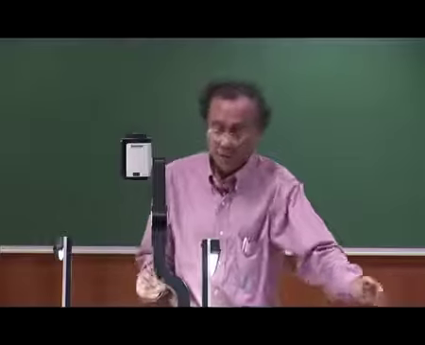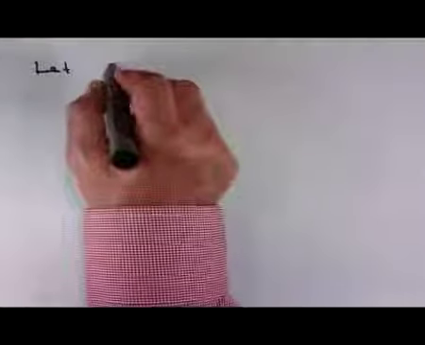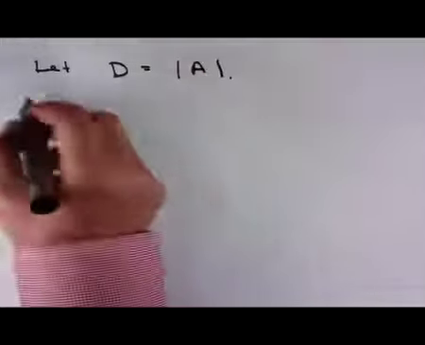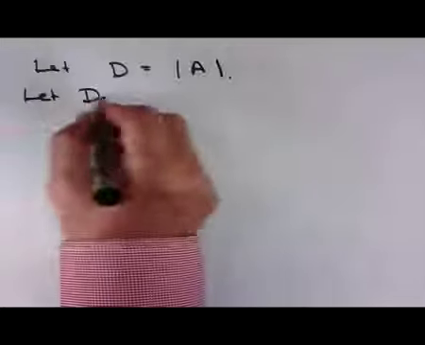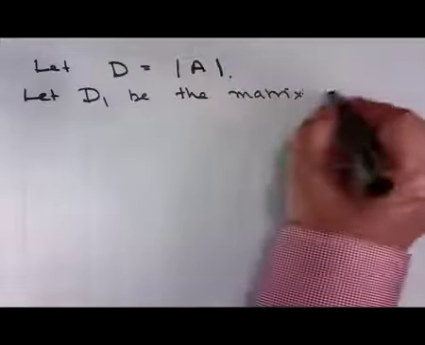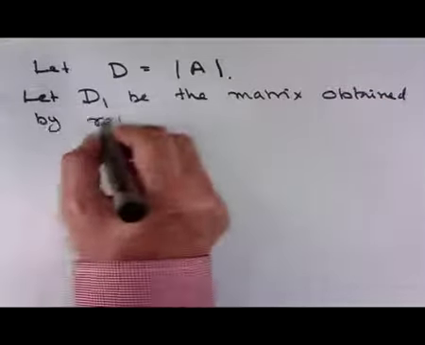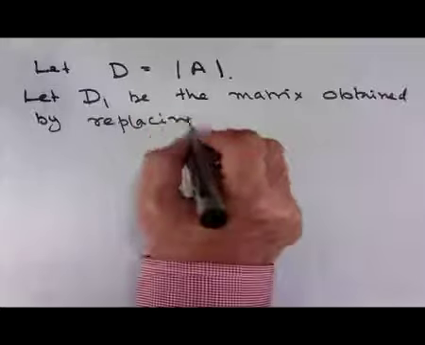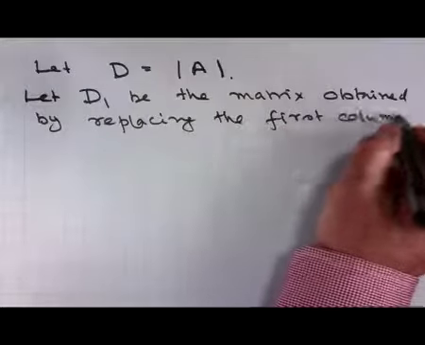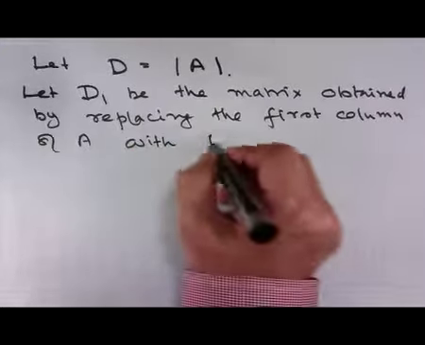Let me illustrate with 3 by 3. So, let D be the determinant of A. Let D1 be the matrix obtained by replacing the first column of A with B vector.